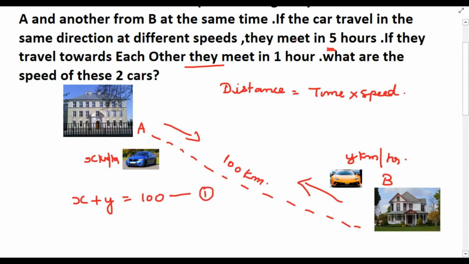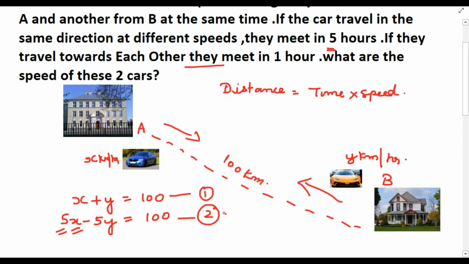And the second equation is, if the cars travel in the same direction at different speeds, they meet in 5 hours. That means 5x minus 5y equal to 100, speed into time equal to distance. So these are the two equations.